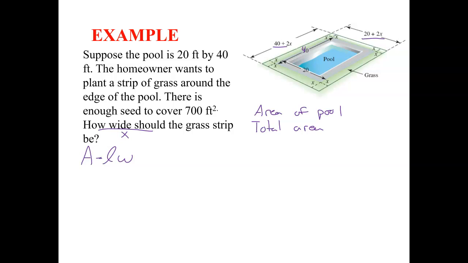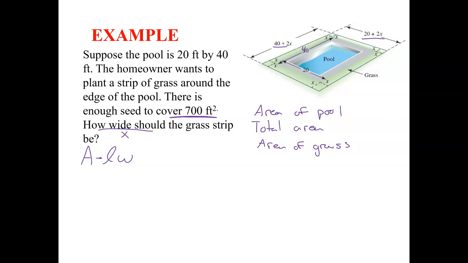In the problem, I'm also given the area of the grass. Area of the grass. Okay? Or how much I can have as an area. But it's not a rectangle, it's several rectangles around the edge. Or a rectangle with a hole in the middle.